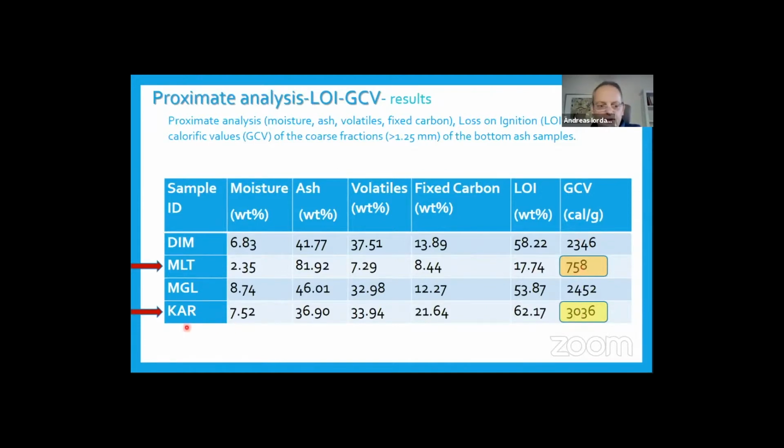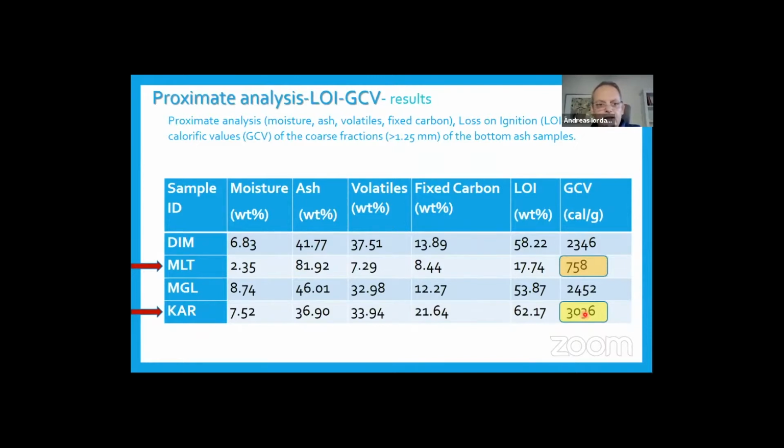And here, in the Kardia sample, we have a very high value, 3,000 calories per gram. I should say that this value could be that of a poor lignite. We are talking about bottom ash samples, where a low gross calorific value is typical, but here you can see this sample has a very high value.